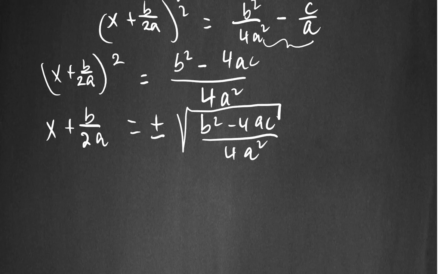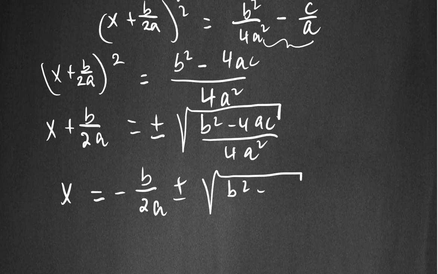That means x is equal to minus b over 2a plus minus square root b squared minus 4ac over 4a squared. Or if we break, we can say square root of b squared minus 4ac over 2a. So in this situation, we have only one formula. So x1 will be plus, x2 will be minus here.